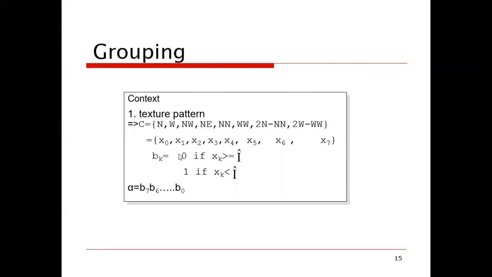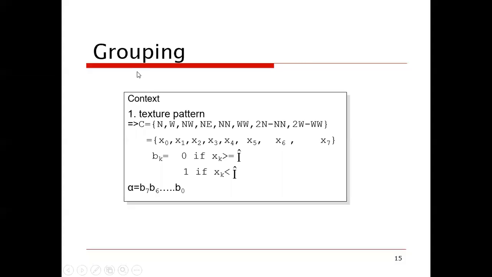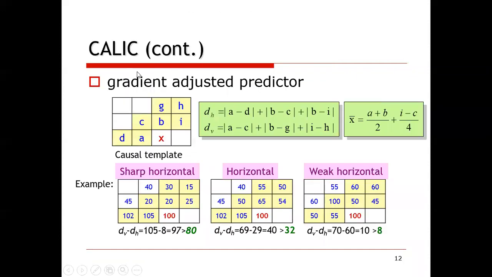B0 becomes 1 because, in the previous example, X0 meant n, and n was 20. 20 is less than 105, so X0 becomes 1.